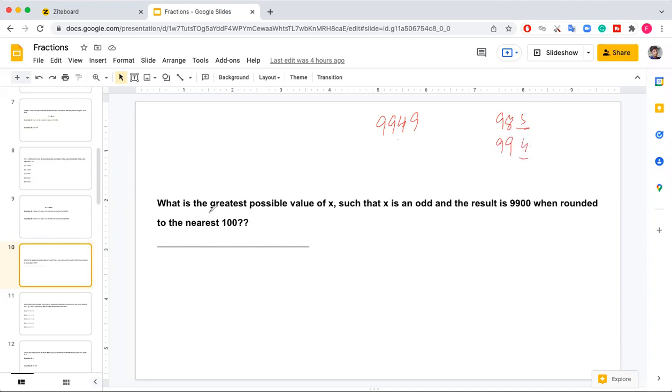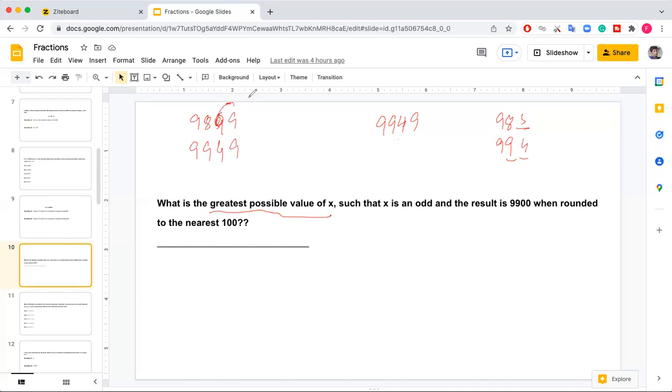But the question is actually asking for the greatest possible value of x. That's why I choose 9. There could be two scenarios: 9859 or 99, whatever the value, and the other one is 9949.